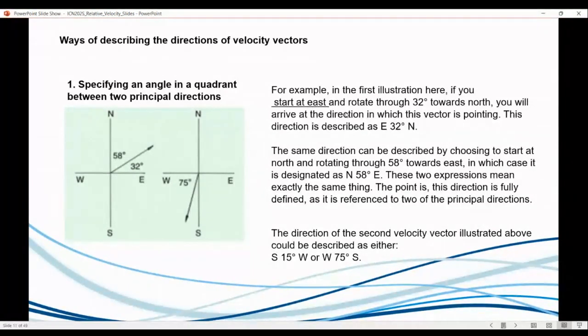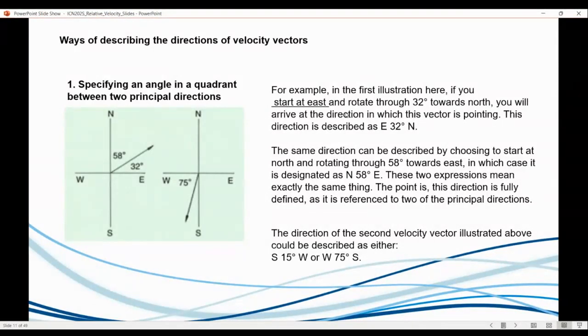Let's say you're moving in that direction, what you can say is that the direction is carried as east 32 degrees over north, right? So it's obviously relative to north. However, you can also say the same direction, looking from the north, is north 58 degrees to east, right?